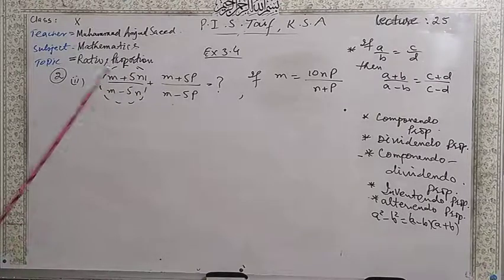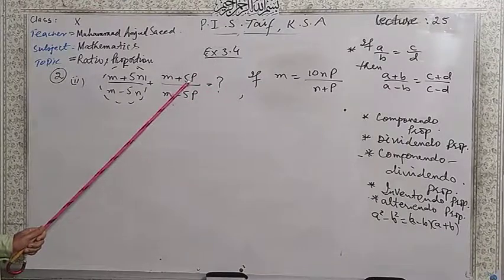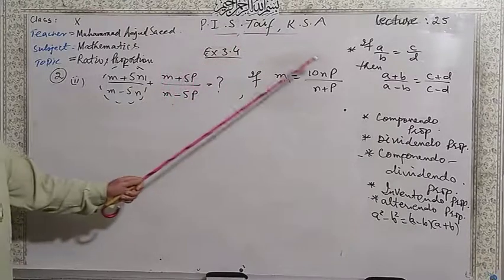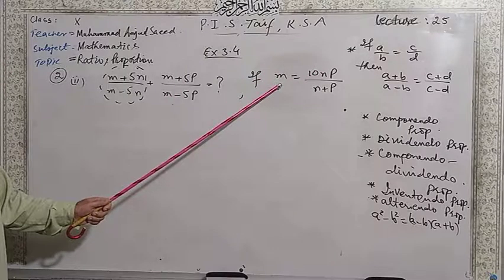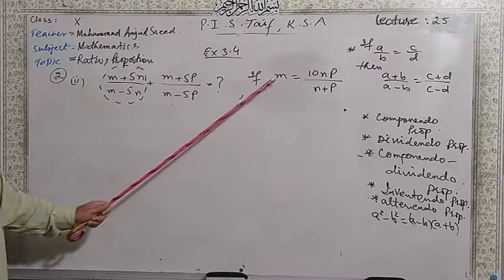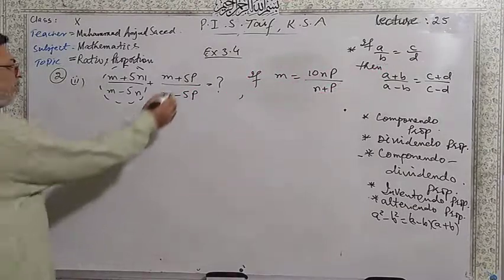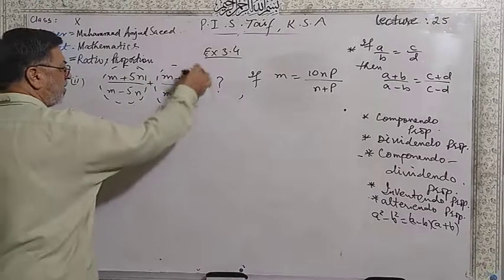You will take it as equation number 1. For the next step, if you bring 5p under this m from the right hand side, and apply the componendo and dividendo property, definitely you will find this portion.